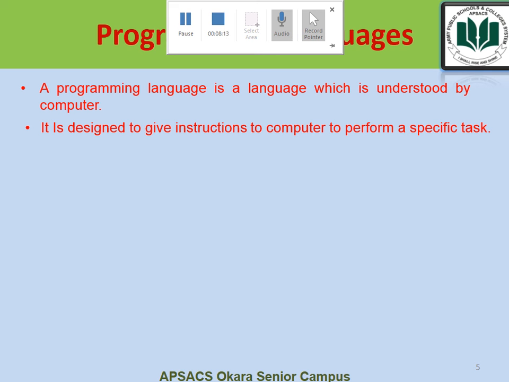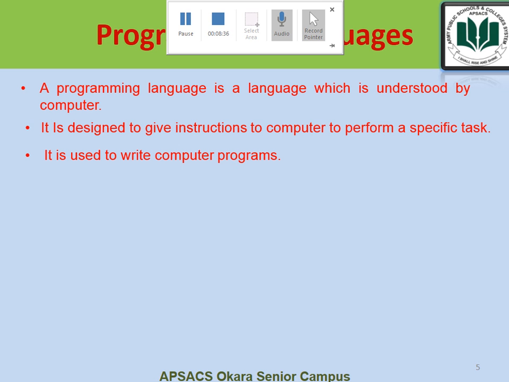Any language which is being designed, the purpose behind designing the language is to give the instructions to the computer to perform a specific task. It is used to write computer programs. Computer language is used to write computer programs.